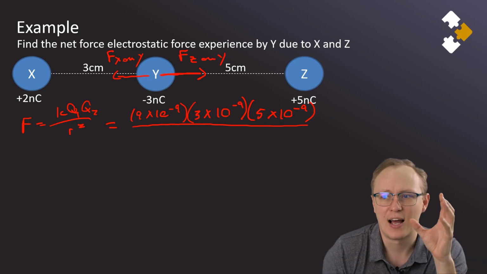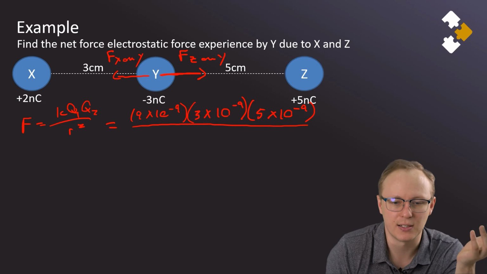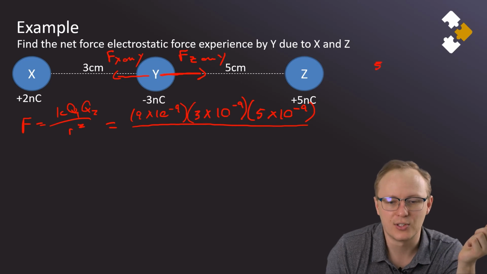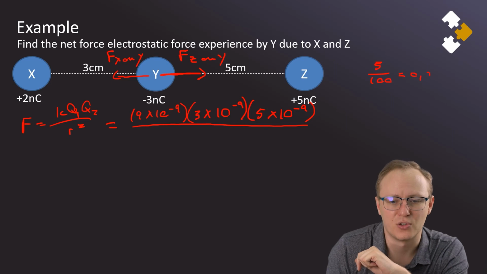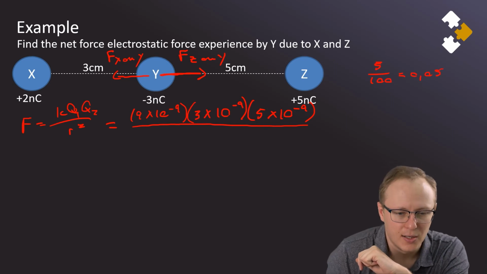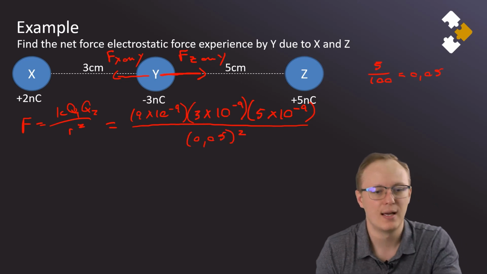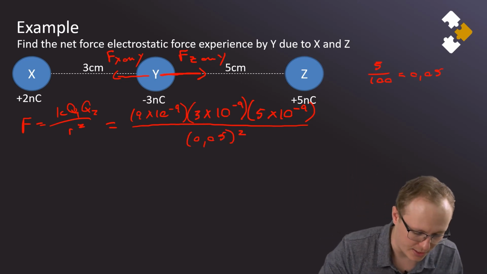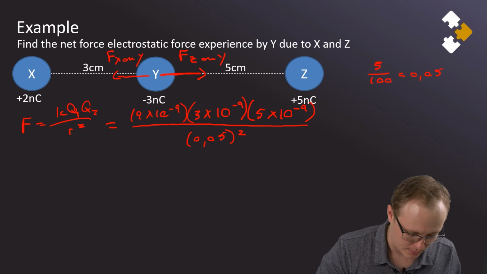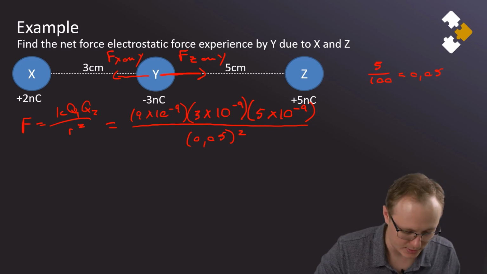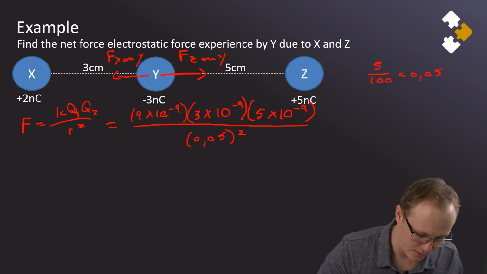Now there's 100 centimeters in a meter, so to take this 5 and to turn it into meters, I've got to go divide it by 100, and I'm going to get 0.05. Okay, so this is then divided by 0.05 squared, and then we can use our calculators. So 9 times 10 to the 9 times 3 times 10 to the negative 9 times 5 times 10 to the negative 9, and then divided by 0.05 squared.